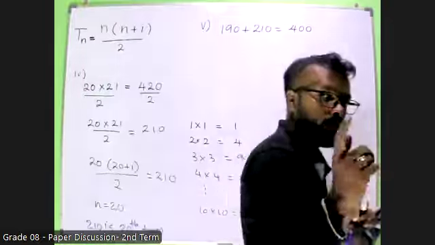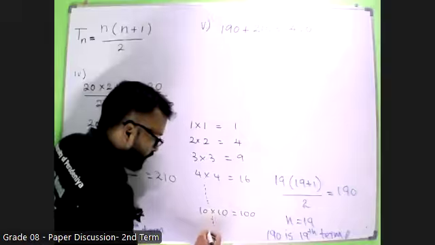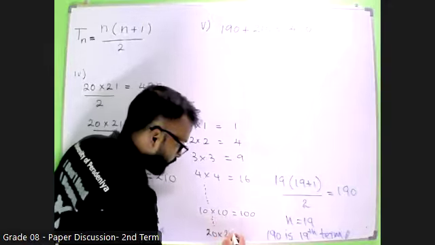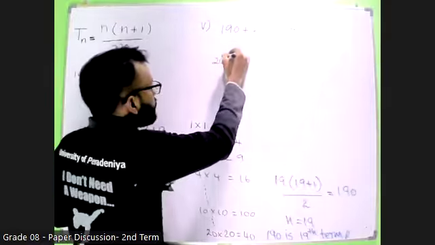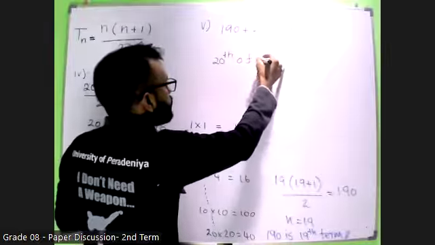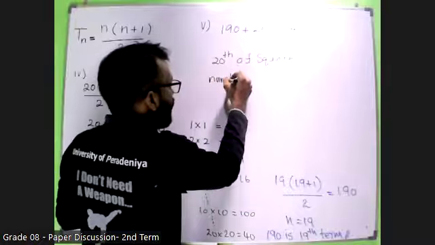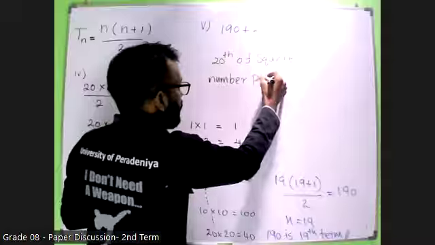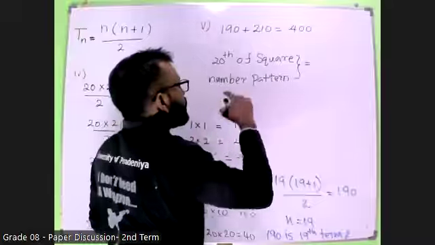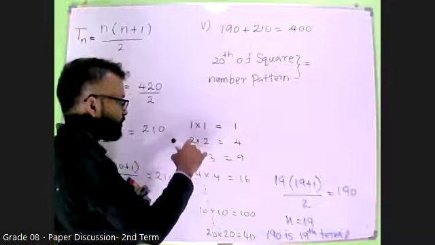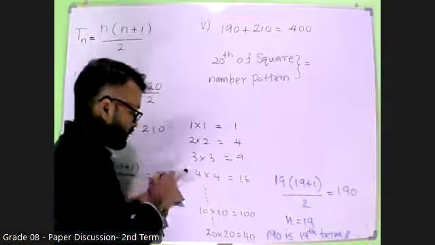How do you obtain the 20th term of the square number pattern? 20th term, 20 times 20. It will give you 400. First term 1 times 1, second term 2 times 2, 10th term 10 times 10, 20th term 20 times 20.